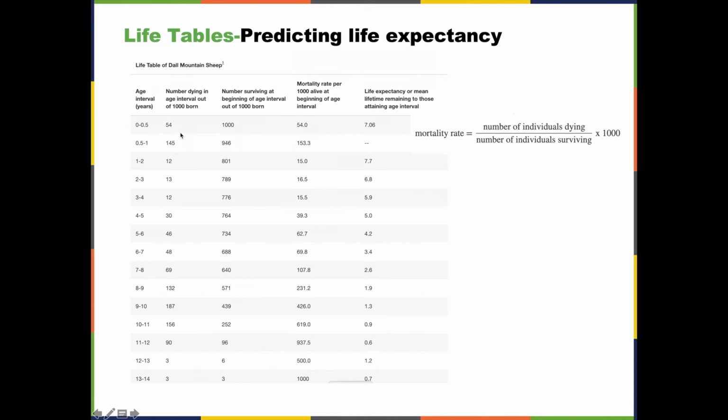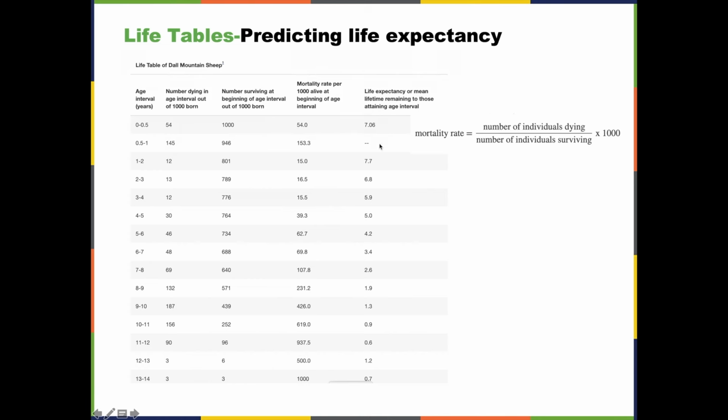So in this interval, 54 individuals died within the first 6 months, 1,000 are born, and the mortality rate would be 54. If you plug in the numbers, you see 54. When you do this for all these intervals and you get the numbers, then you get an idea about the life expectancy, or the mean lifetime remaining to those who survive in this area.